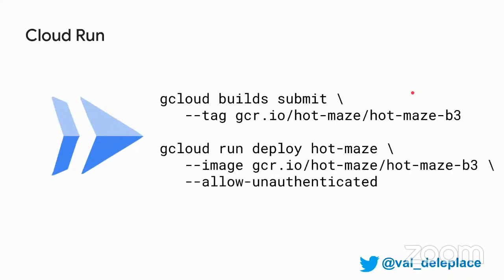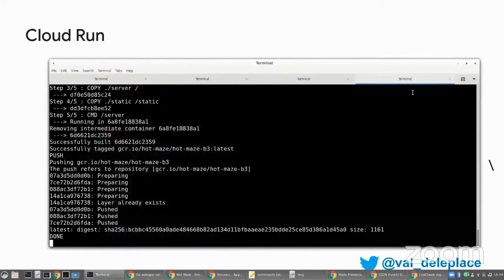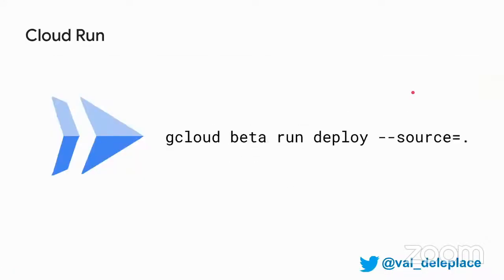I shouldn't have shown that, but actually, it's been a few weeks that we can now do all of this in one single command, which is still in beta, that allows us to deploy from source.